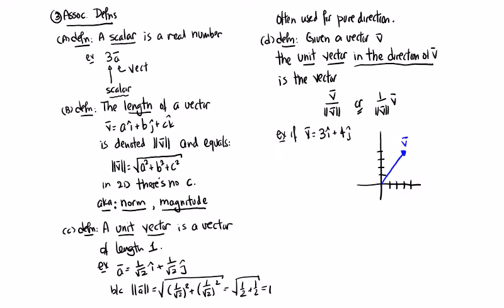So if you take this and divide it by its length, which is the square root of 3 squared plus 4 squared, the square root of 25, this is why I changed the values to make it nice, which is 5. So if I take 1 over 5 and multiply it by V, remember, I multiply 1/5 times both of the components. So 3/5 i plus 4/5 j. This is now a unit vector.